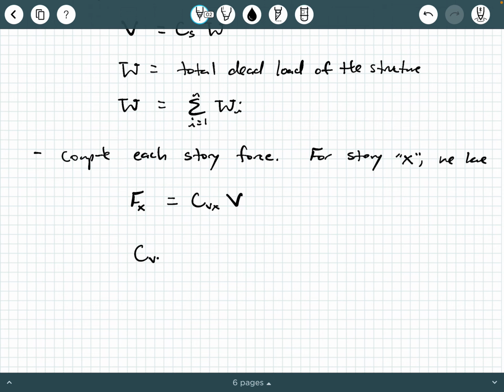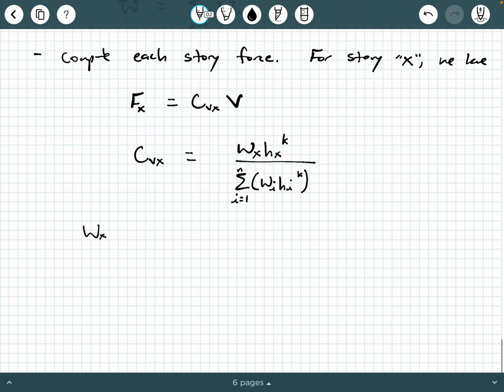And then C sub VX equals W sub X H sub X raised to the K power divided by the summation as I goes from 1 to N, W sub I H sub I raised to the K power, okay?